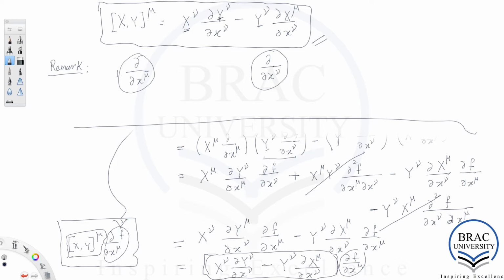So when we differentiate them with respect to these local coordinates, we are going to have 0. So the commutator of these coordinate vector fields is simply 0.